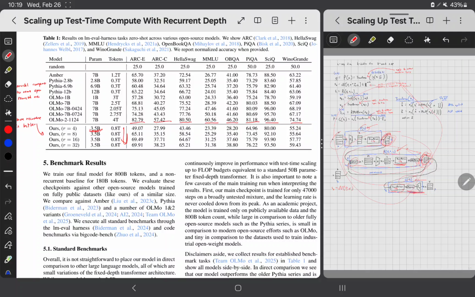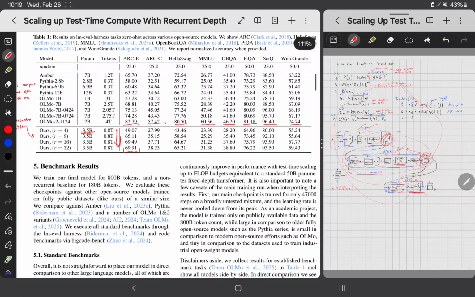Here, this is 32 recurrence operations. They don't really have any models of the same size. They have, say, Pythia 2.8 billion, but they have 3.5 billion parameters, and it is significantly better than that. But it's not as good as a 7 billion parameter model.